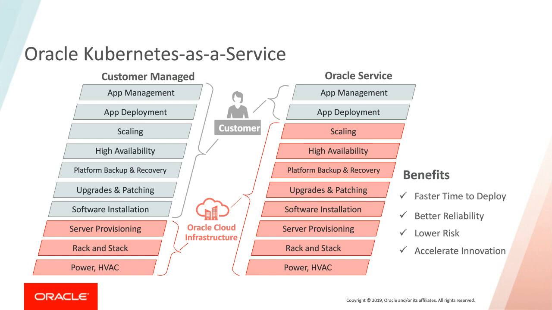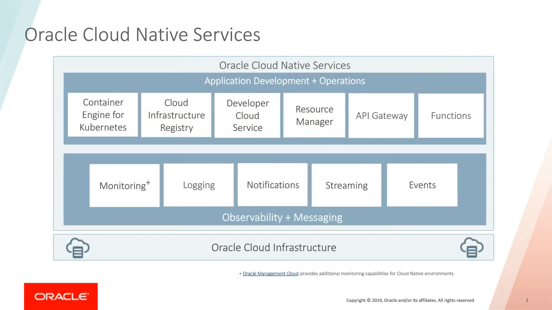Oracle's cloud-native services leverage a highly performant next-generation Oracle Cloud Infrastructure, OCI. The services can be categorized into application, development plus operations, and observability plus messaging. As you can see on this slide, we provide several cloud-native services that combined with OKE will give you a robust and scalable cloud-native service environment.